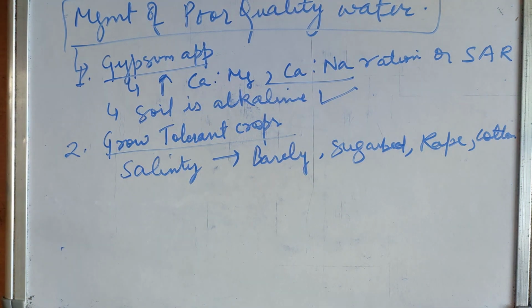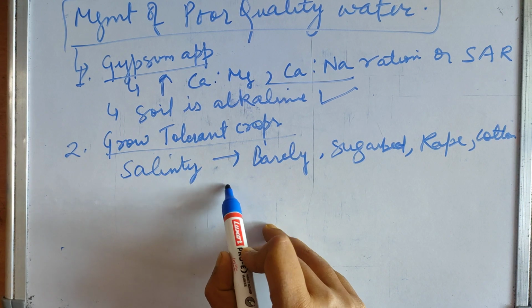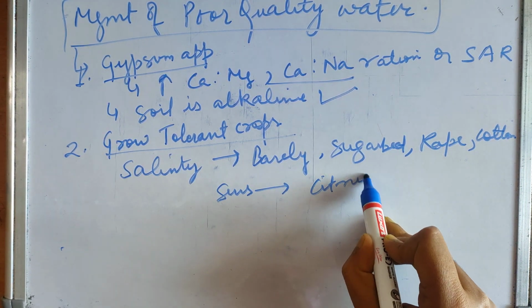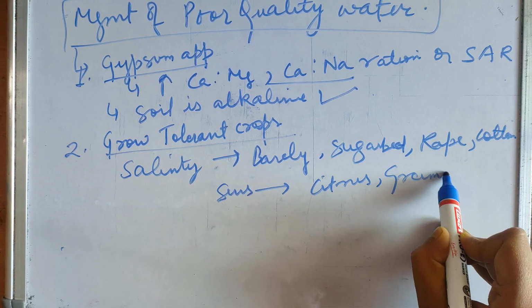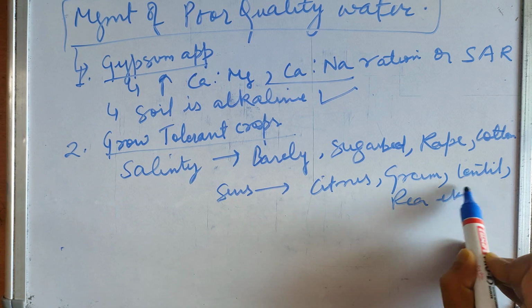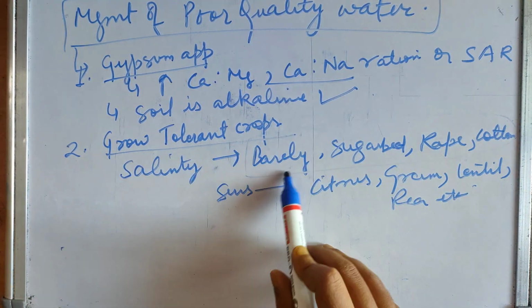We need to grow these crops and avoid sensitive crops. The crops sensitive to salinity are citrus, gram, lentil, pea, etc. We need to avoid these crops.